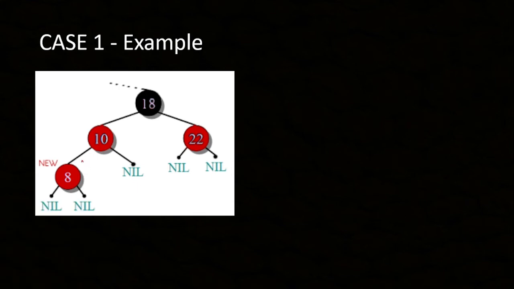Let's see, you have a new red node here and it has a red parent. Oh, this is troublesome. Because the uncle here is also red, you will recolor the parent, the uncle, and the grandparent. So we have a red node here, but we will recolor.